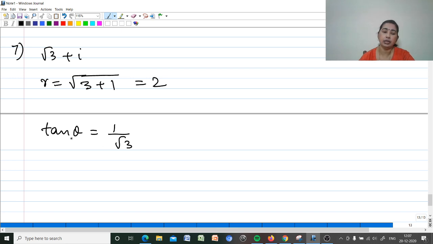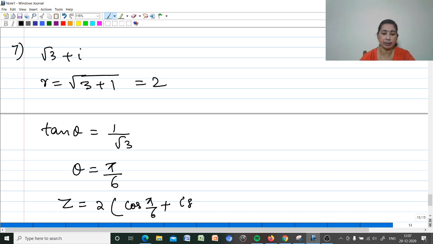So tan theta is equal to 1 by root 3 means theta is equal to 30 degree. 30 degree means it is pi by 6. So since it is in the first quadrant, no need of finding out any other angle. Same value itself you can take. So polar form z is equal to 2 into cos pi by 6 plus i sin pi by 6.